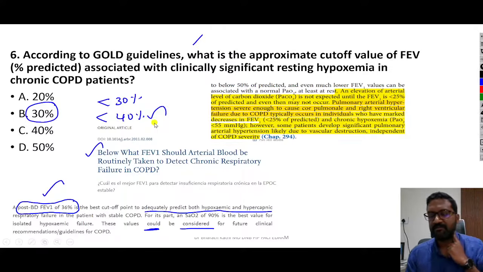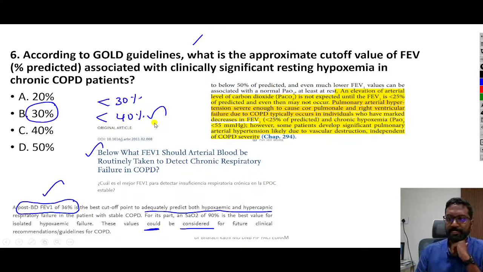So just try to remember the option. And this was a statement given in your Harrison. They mentioned that to call it hypercapnia in COPD, only if the patient's FEV1 falls less than 25%, it may occur. So here is the confusion.